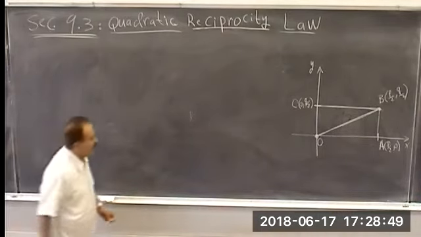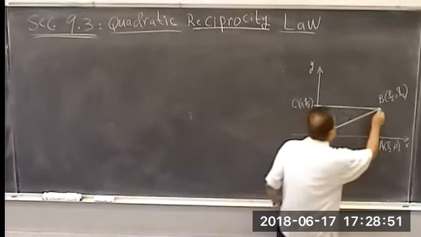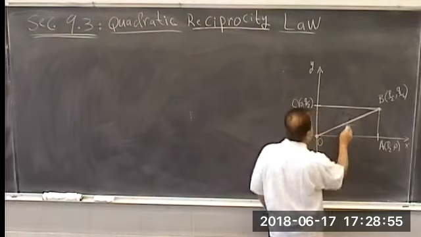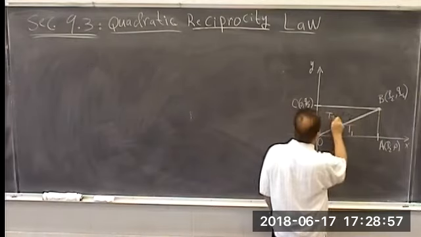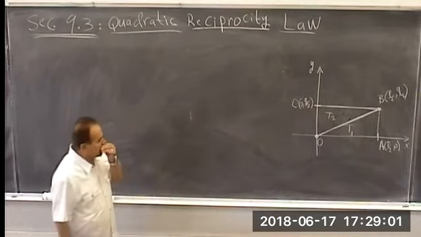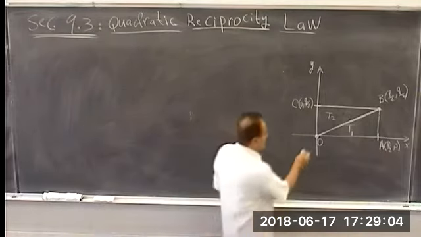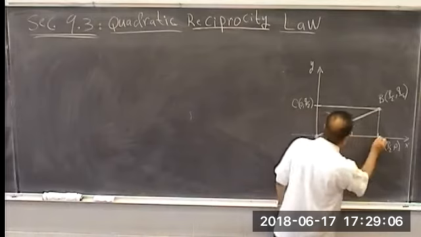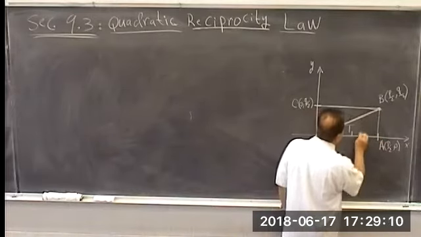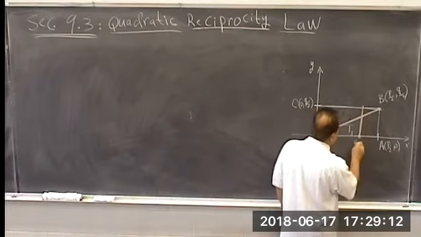I want to call the lower part of the rectangle T1, and this is T2. Now I'm going to take a value for x. In here, I'm going to consider all the points on this vertical line. So we're going to take x equal k.